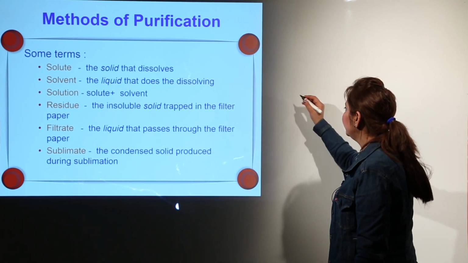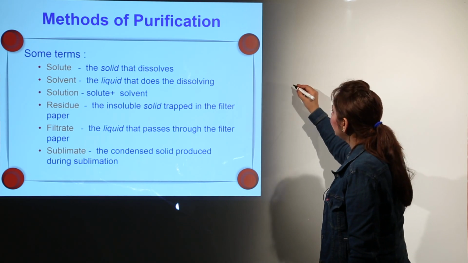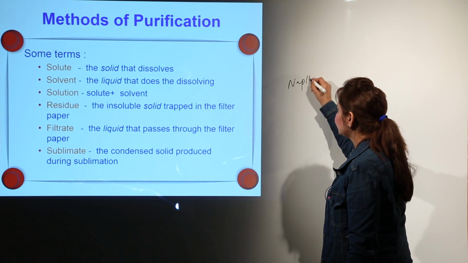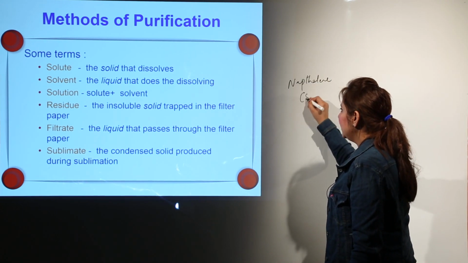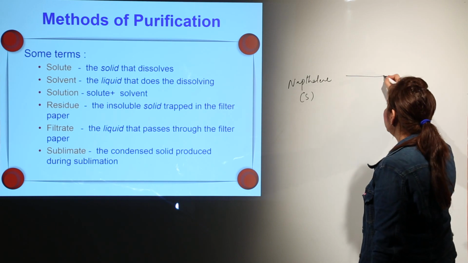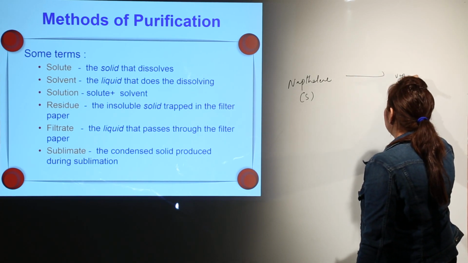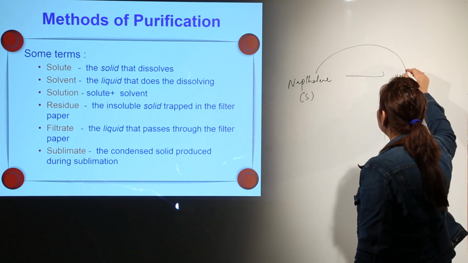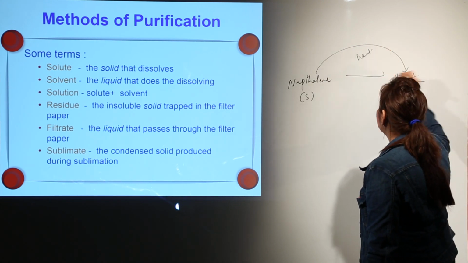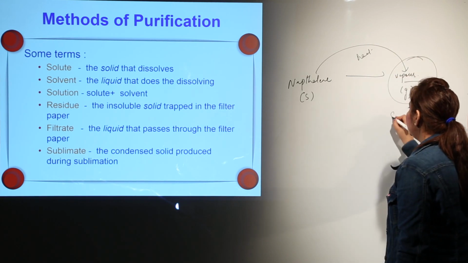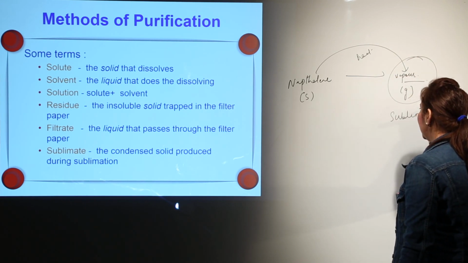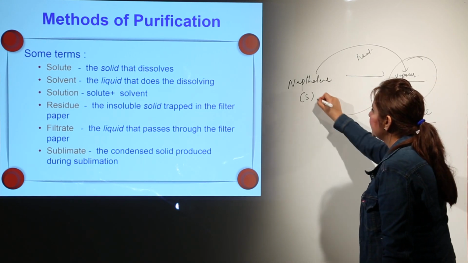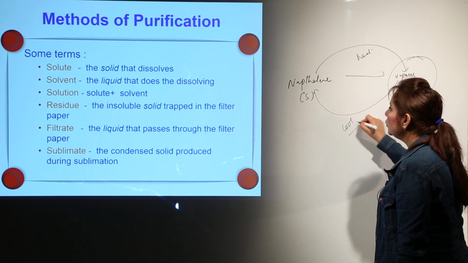I'll write an example to make you understand. Naphthalene is in solid form, right? It is going to get converted into the vapor form, which is the gaseous form. How? When we heat it, right? So this vapor form indicates the sublime, right? And when I cool these vapors, they get converted again into naphthalene.